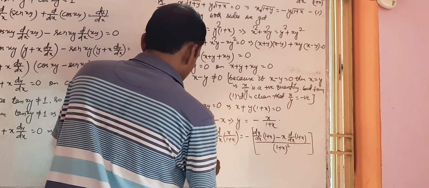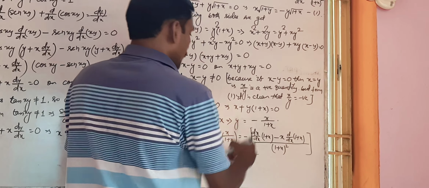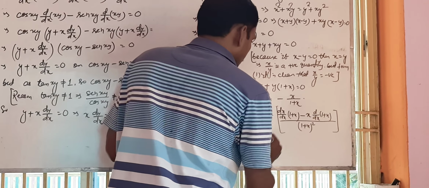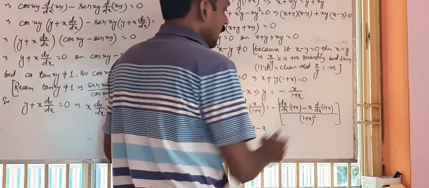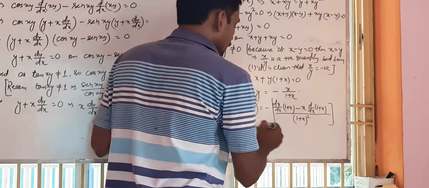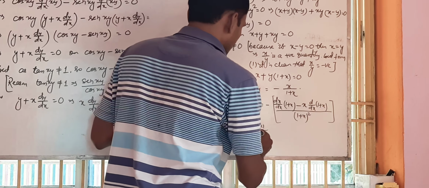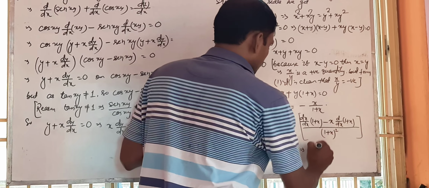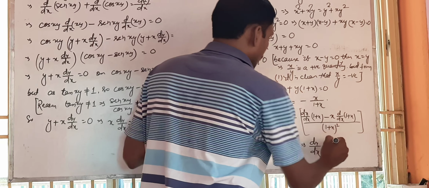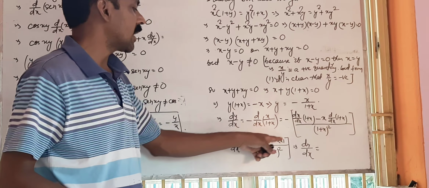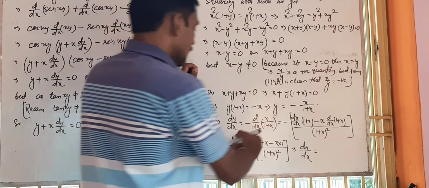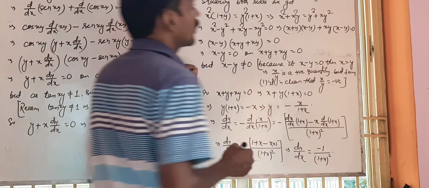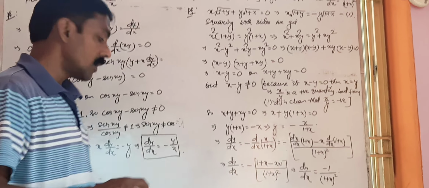This implies dy by dx equal to minus, derivative of x is 1, so 1 into 1 plus x is 1 plus x, minus x into derivative of 1 plus x, which is 1, whole divided by 1 plus x whole square. This implies dy by dx equal to, it is 1 plus x minus x, so x minus x will be cancelled. So here it is only 1, so minus 1 by 1 plus x whole square, which we wanted to prove.